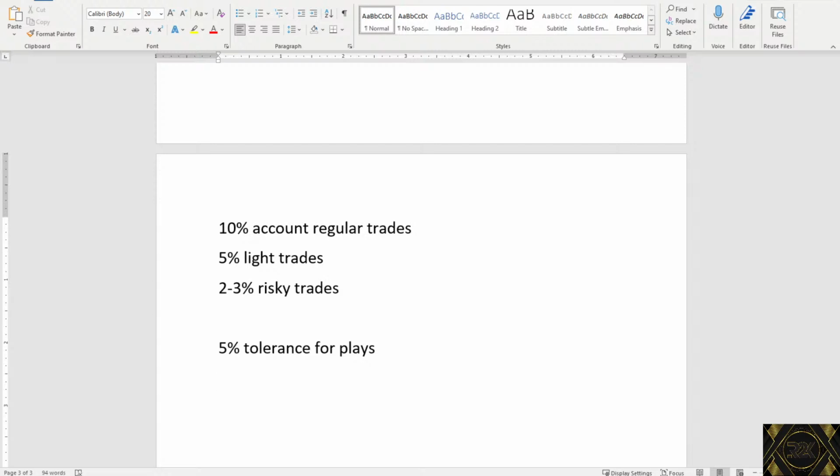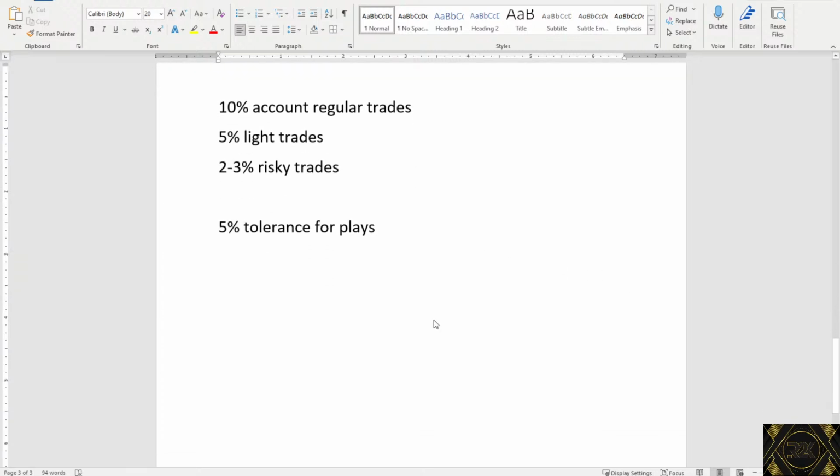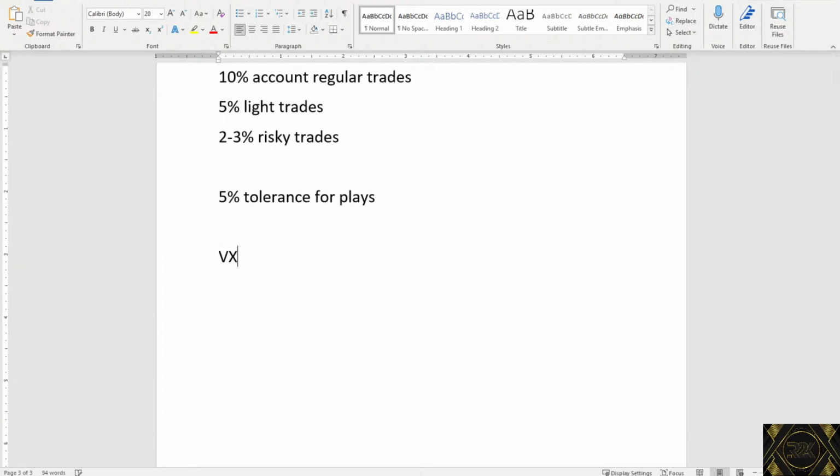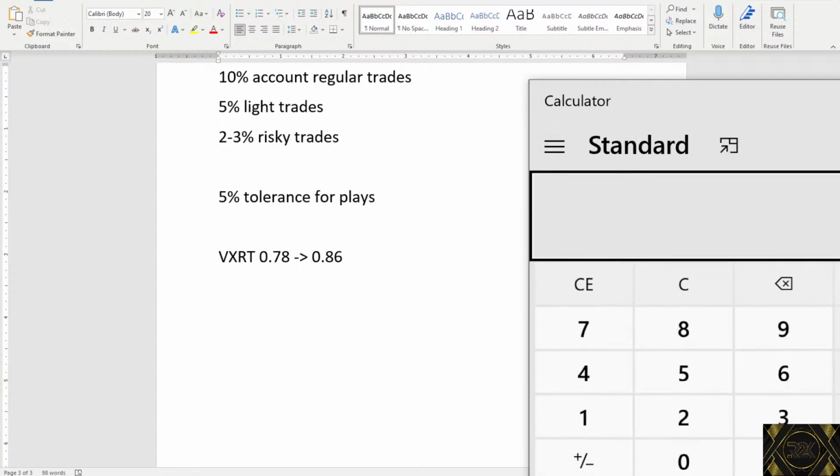So we can pretty much go over the day trades from today and I'll break them down for you guys. The first one was VXRT. That was 0.78 to 0.88. There was some scaling out in between, and overall the average was about 0.86.